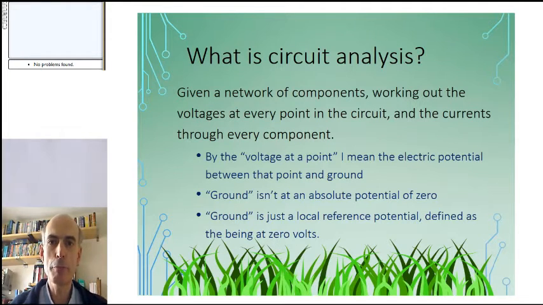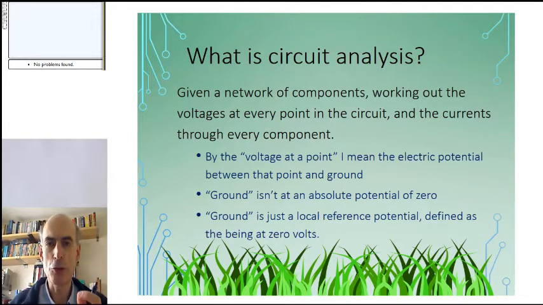One point to be aware of before we start is what I mean by voltage. As we've seen in the talks about electric and magnetic fields, the voltage is associated with the electric potential, and every point in space has an electric potential associated with it.